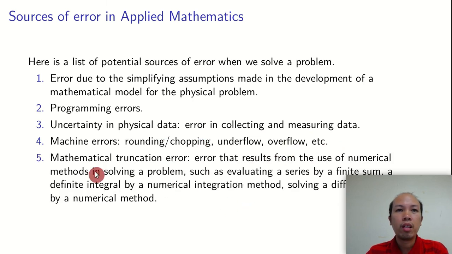And also truncation error, which refers to error that results from the use of numerical methods in solving problems, such as evaluating a series by a finite sum, a definite integral by numerical integration, or solving a differential equation by a numerical method.